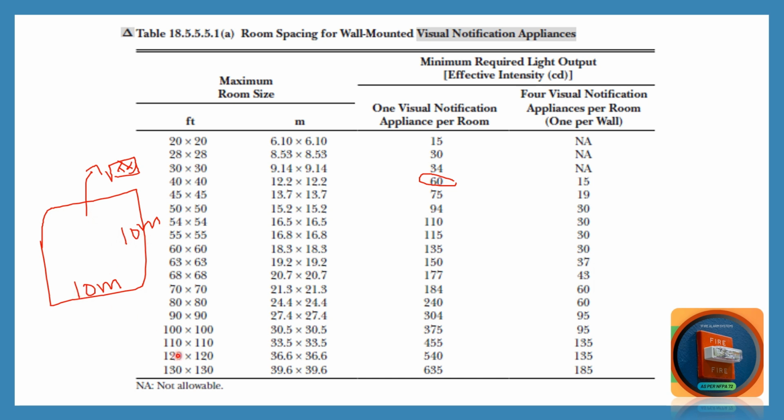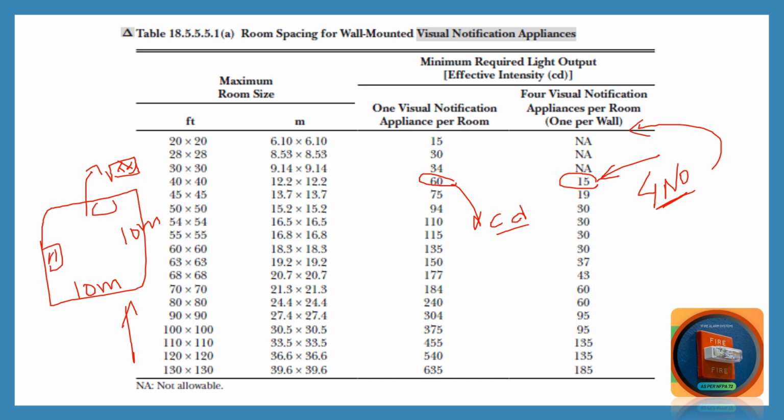So either we can consider a 60 CD candela rating, one strobe for this entire room, or we can consider 15 CD candela rating strobes, 4 numbers. Each strobe will be installed on each wall. So this is how you need to consider.